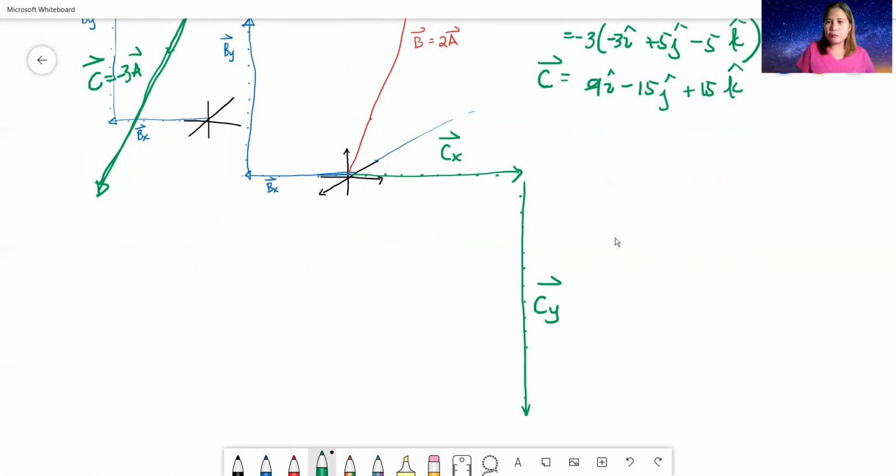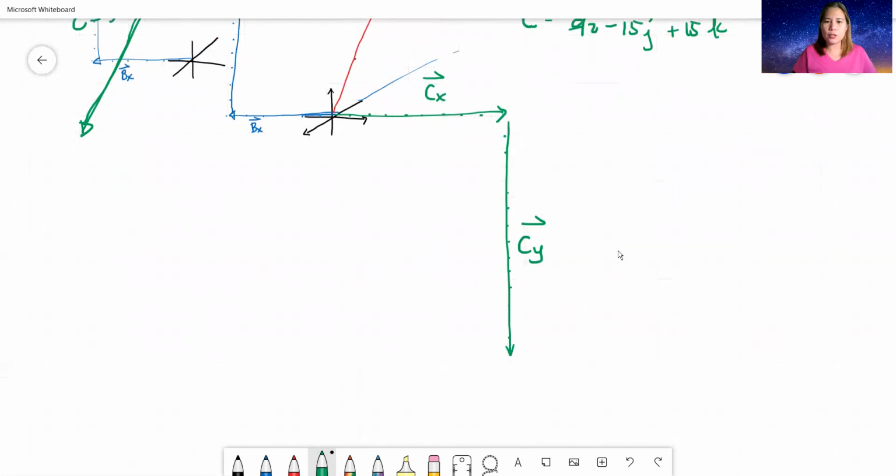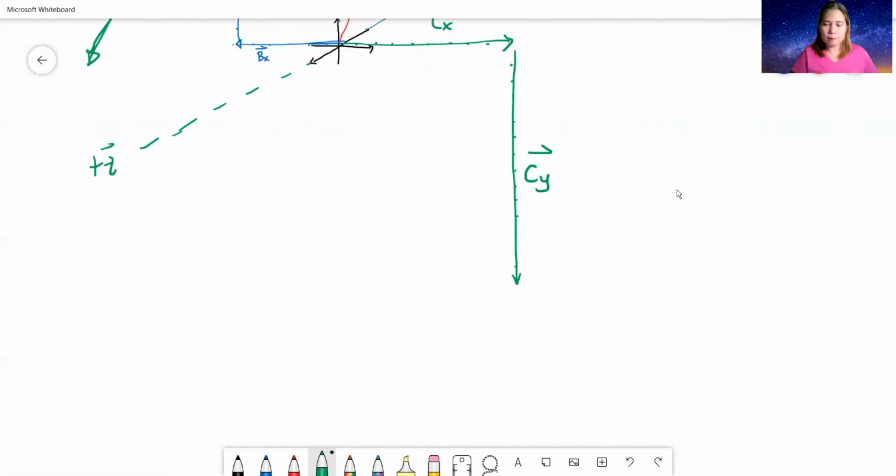And then I'll go 15 units away from the XY plane, but it should be parallel to this positive Z axis. If we extrapolate this, this is the positive Z. So I'll draw 15 units towards me, away from the XY plane: 1, 2, 3, 4, 5, 6, 7, 8, 9, 10, 12, 13, 14, 15, more or less.